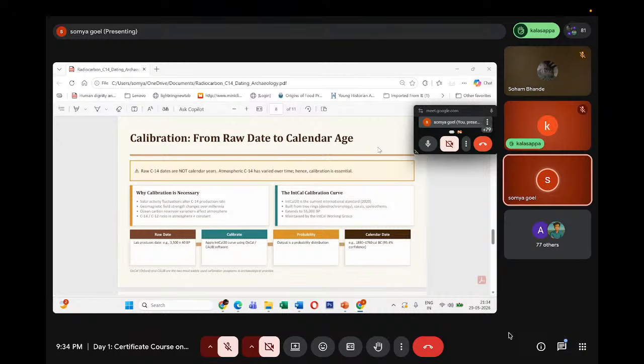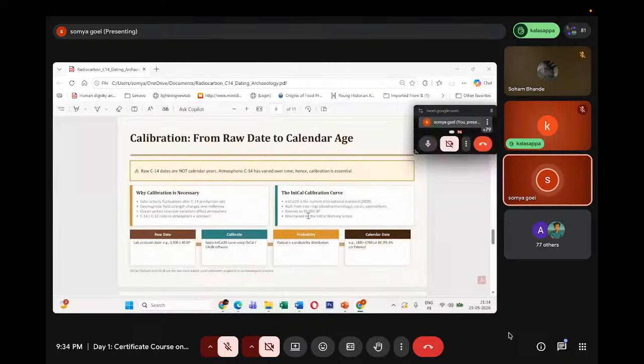This is an active research problem which some Indian scholars from BSIP are also working on, to create our own Indian calibration curve, because again, this rate is not constant and also depends on the region. I'll be talking about this regional aspect later on as well.